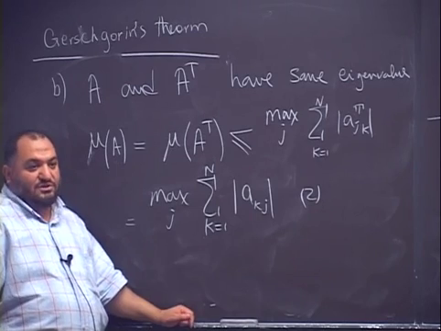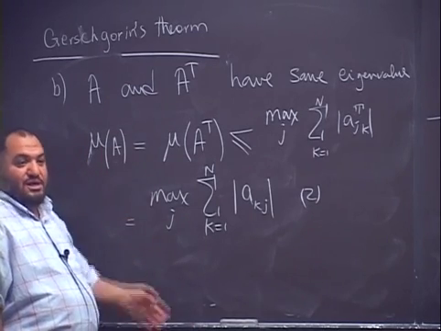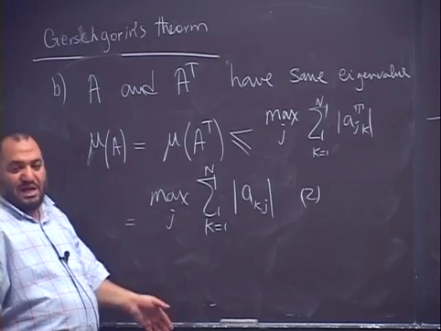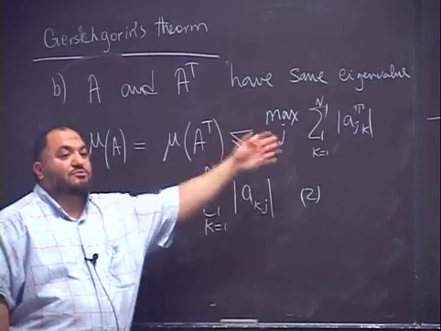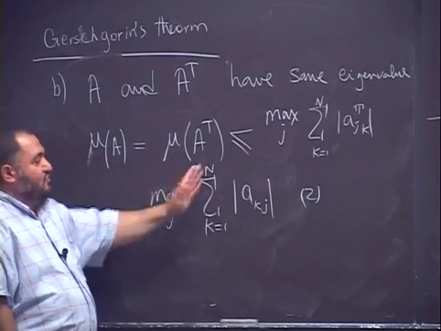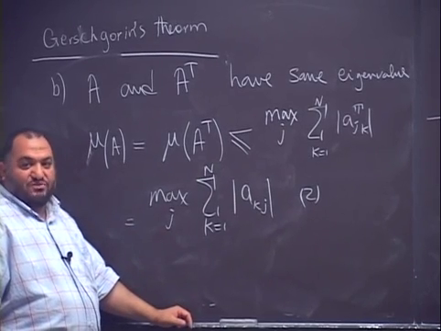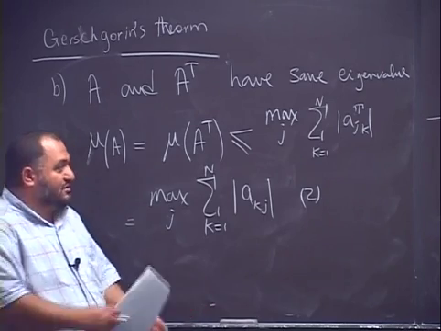For the spectral radius. Or you will go for column number 1, add all the elements, and this will give you lambda 1. Add the second, look at the second column, third column, fourth column, up to column number n, and this will give you values. Look for the maximum of those values, and this will also give you an upper bound for the spectral radius.